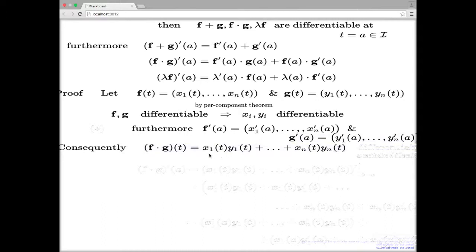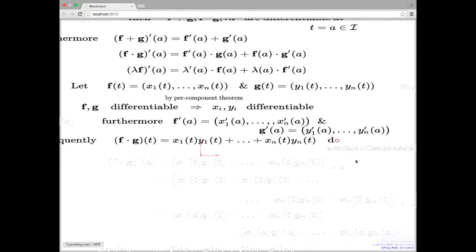Because individually every x1, y1, xn, and yn is differentiable, their linear combination like this, which is a numerical function, will also be differentiable. This combination is differentiable as a combination of differentiable numerical functions.